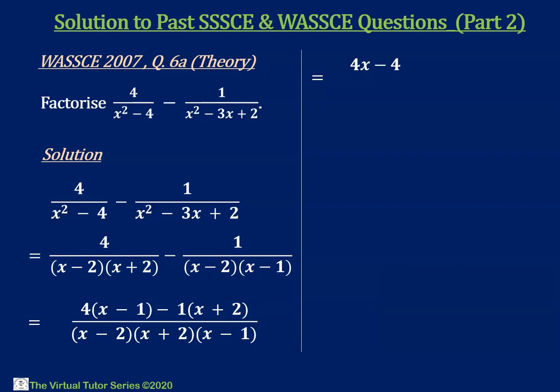Also, negative 1 times x is negative x, and negative 1 times 2 is negative 2. So the second group expands into minus x minus 2 all over x minus 2 times x plus 2 times x minus 1.